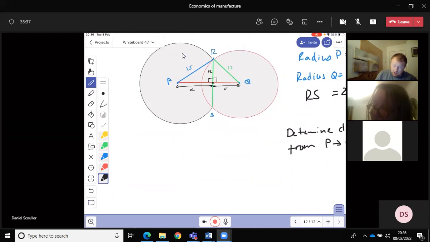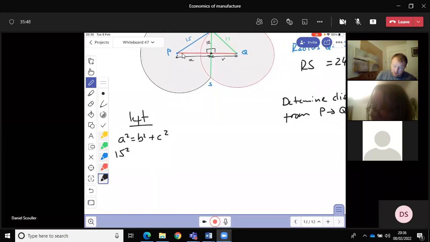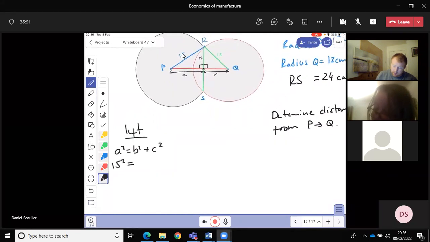Okay, so triangle on the left. A squared equals B squared plus C squared. 15 is our hypotenuse, so that's our A squared. 12 is our height, so that's our short side, plus X squared, which is the other short side.